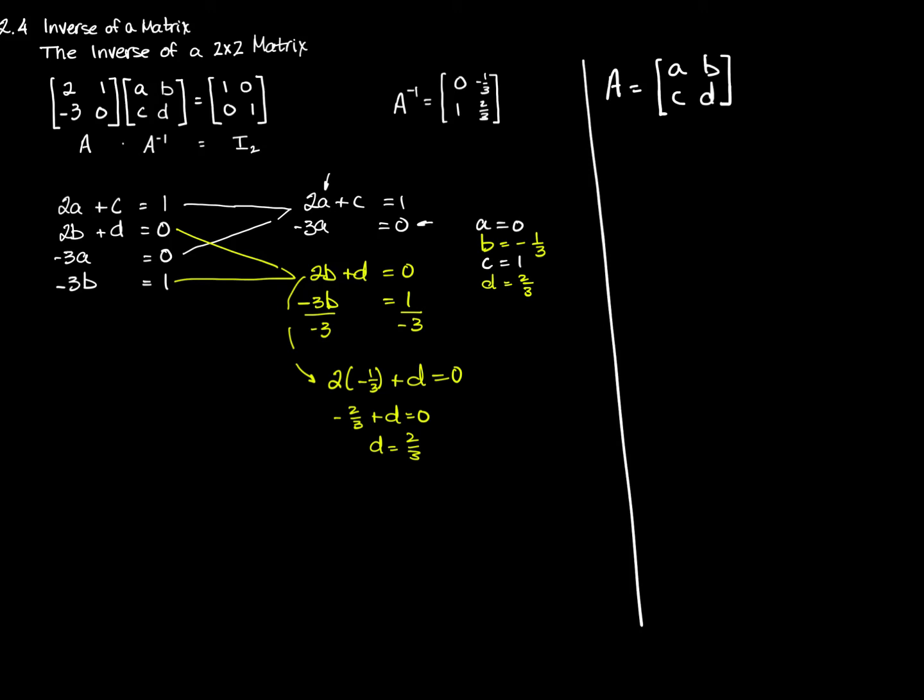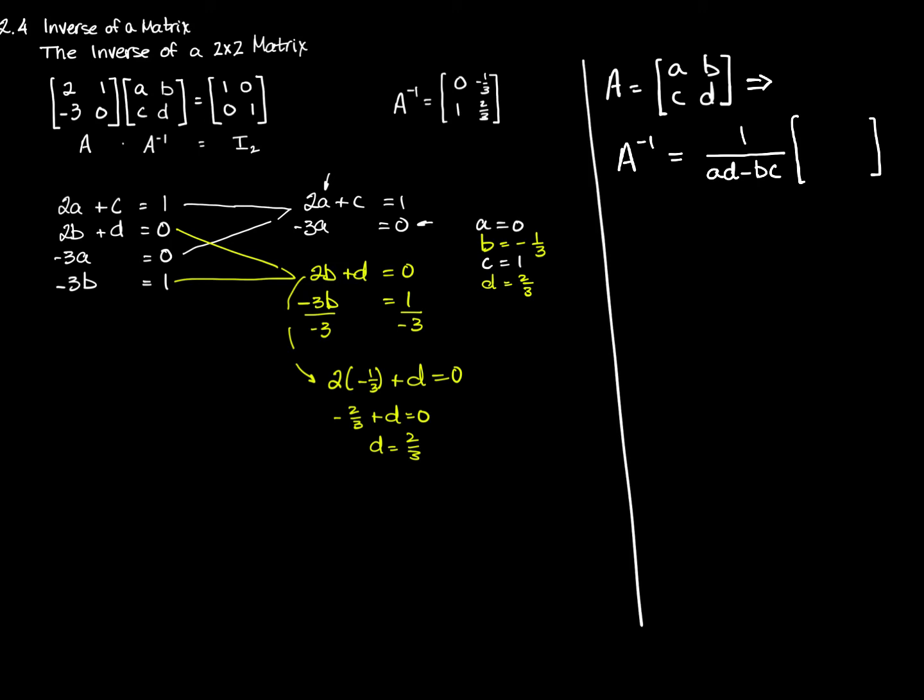And if we say that A is equal to this, then we'll be able to find A inverse using this little algorithm. Take 1 and divide it by AD minus BC and multiply that by the matrix.